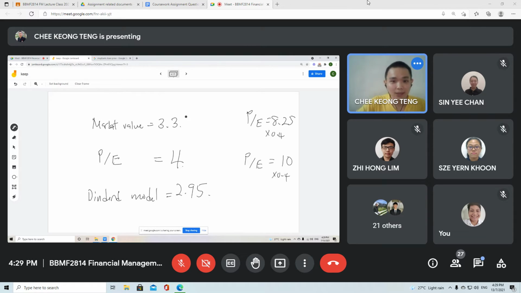Or you can also explain why it's lower. It is because maybe our company's future growth prospect is lower than the other competitors. That's why investors are willing to pay 10 times for our competitors, but for our company they are only willing to pay 8.25 times, because our future prospect is lower. Can you understand?